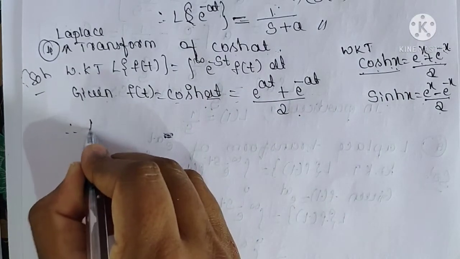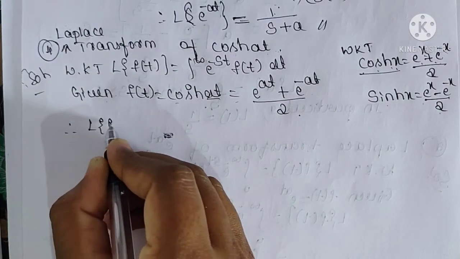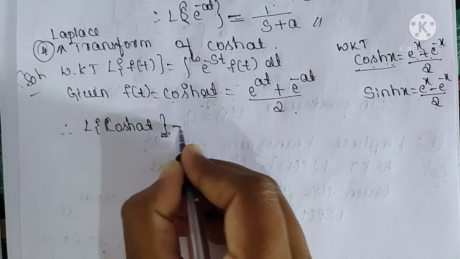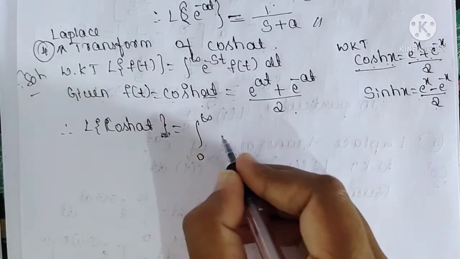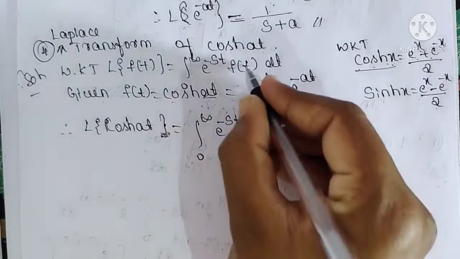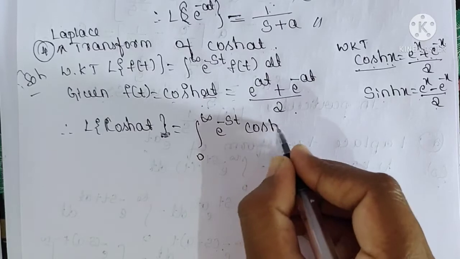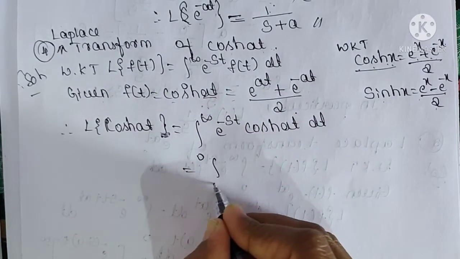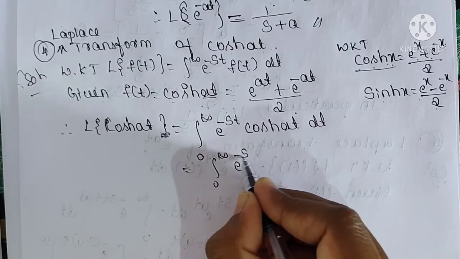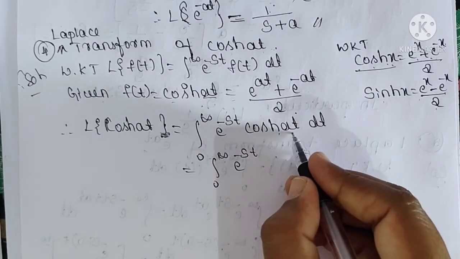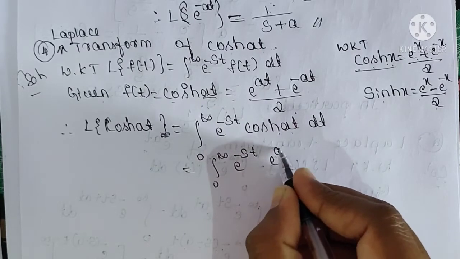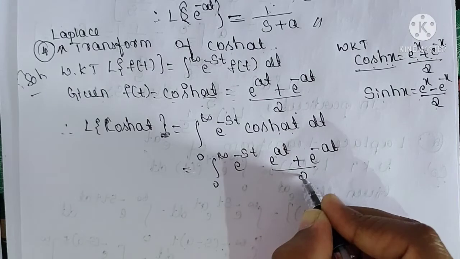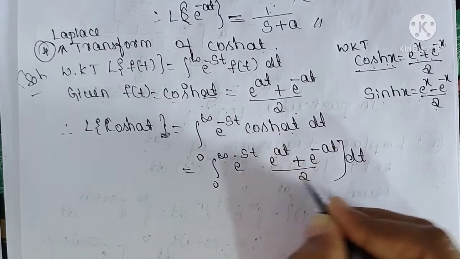Now L of f of t, where f of t is cos h of at, is equal to the integral from 0 to infinity of e power minus st, f of t, dt. As it is, e power minus st. Cos h of at can be written as e power at plus e power minus at divided by 2, times dt.